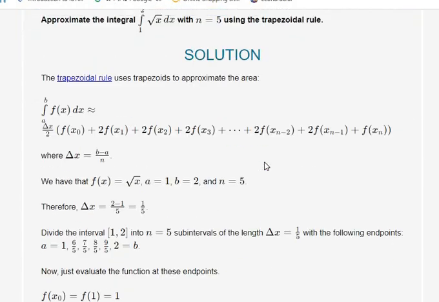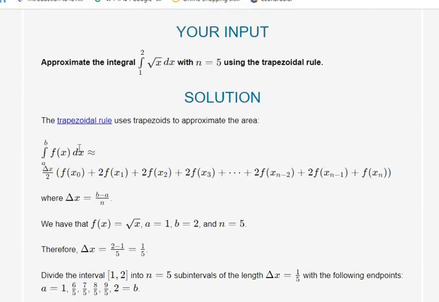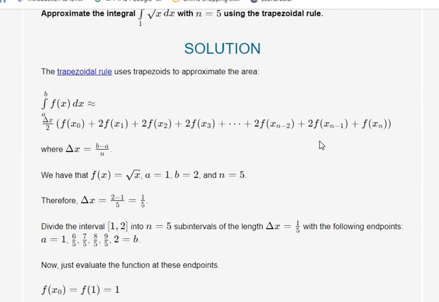When you are calculating this, your solution is given by the generalized formula h by 2, y0 and yn, and all the others multiplied with 2. So what is h? This is b minus a by n, which is 2 minus 1 by 5, that is 1 by 5. So the h value is 1 by 5.